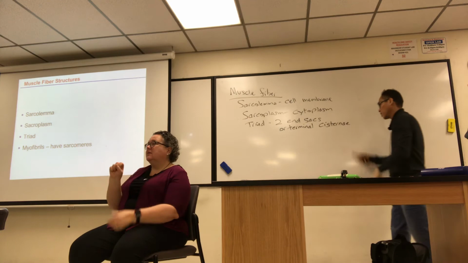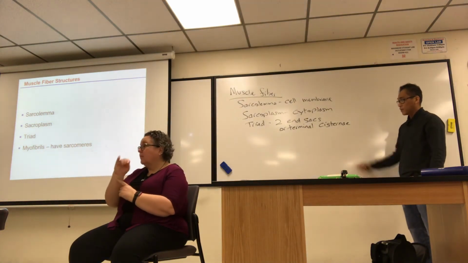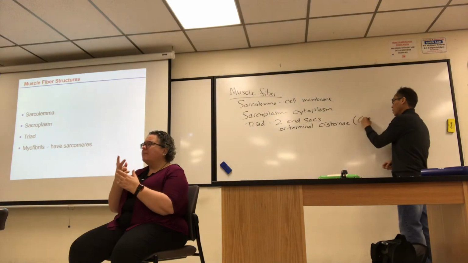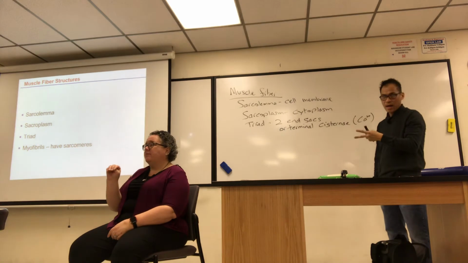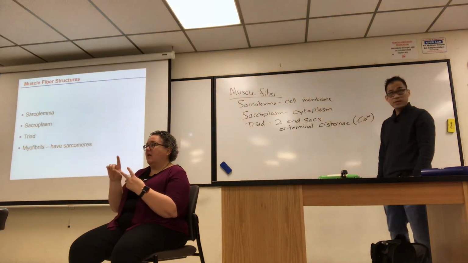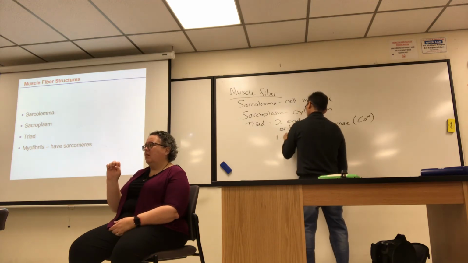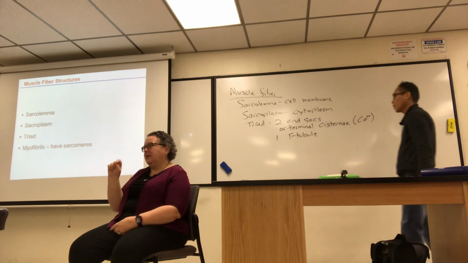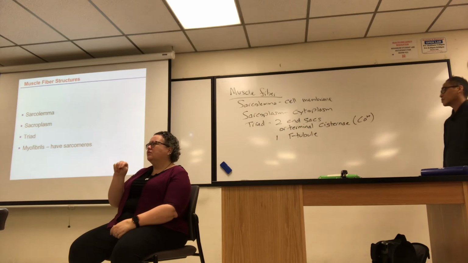AE, because there's two of them. E pluralizes it. A cistern is like a sac shape. So these are sacs that are filled with calcium. That's where the calcium is. So that's two things of the triad. The third thing is part of a T-tubule. One, T-tubule. The T stands for traverse or transverse.